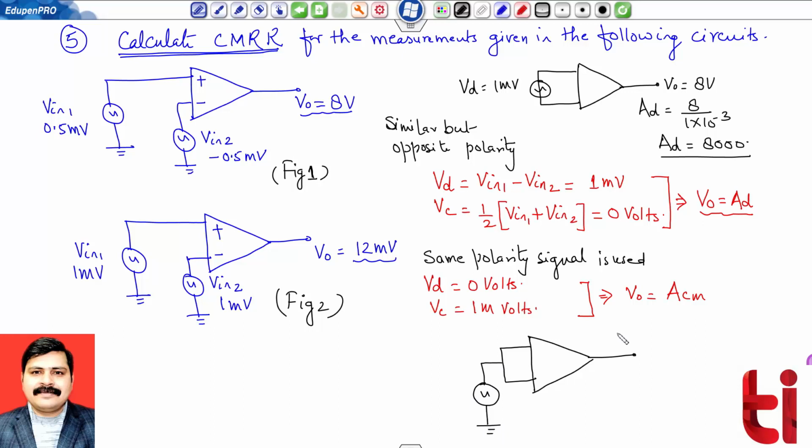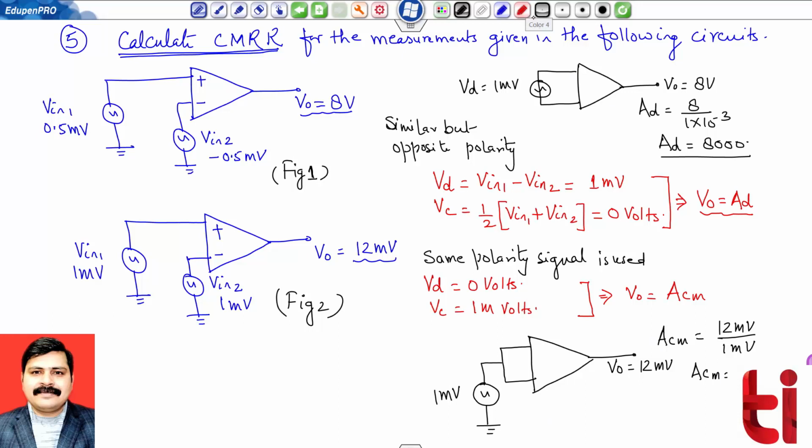The value of common signal we have just calculated, 1 millivolt. So this is 1 millivolt, and the output which we have received is 12 millivolt. So you can check my ACM will be equal to output upon input, 12 millivolt divided by 1 millivolt. That means my ACM equals simply 12.